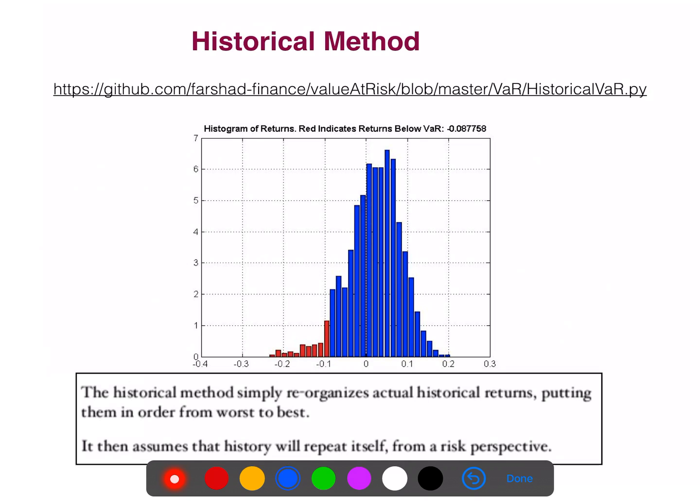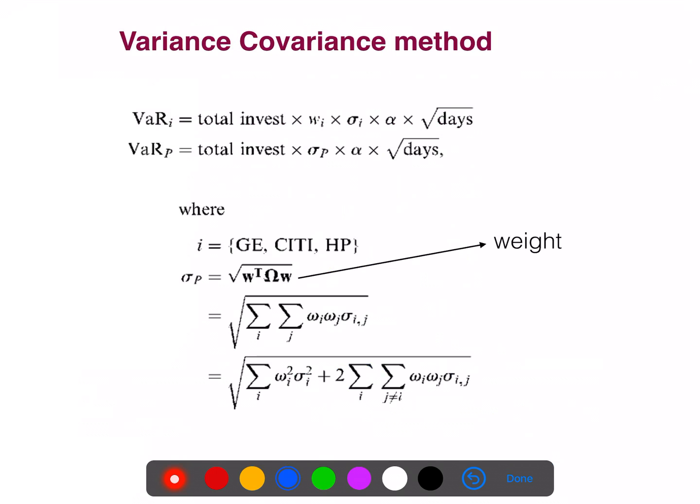For the historical method, you can use my codes, the Python code, to find that. This historical method simply reorganizes actual historical returns. So it puts them in order from worst to best. It then assumes that history will repeat itself. This is the problem of this method, because history will not repeat itself. The other method is the variance covariance approach.